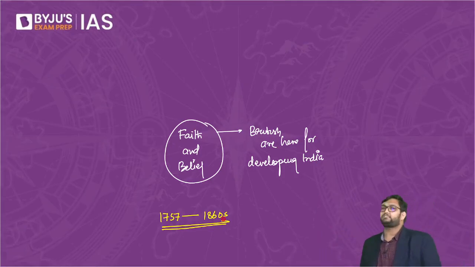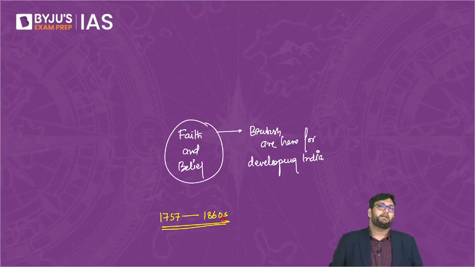And herein lies the most important contribution of Dadabhai Naoroji. He is going to write a book called Poverty and Un-British Rule in India. He still believes that the British, wherever they go, do good, so it is un-British rule.